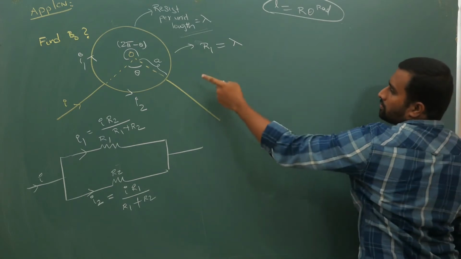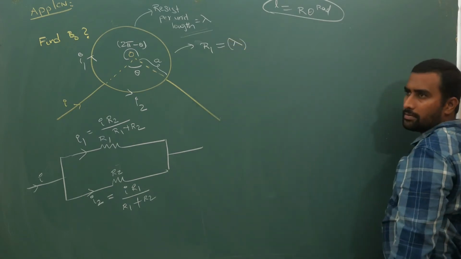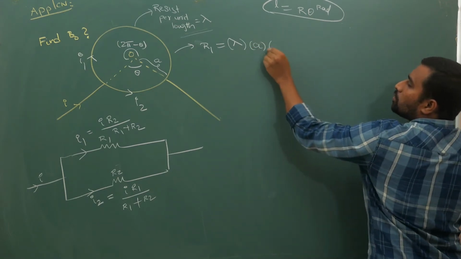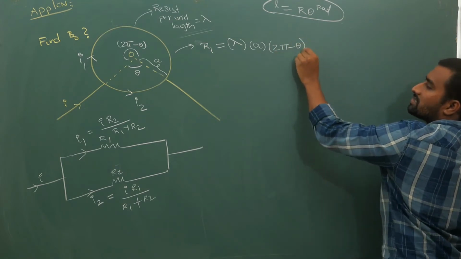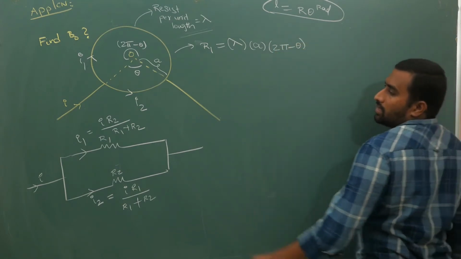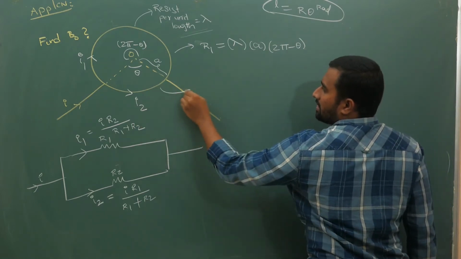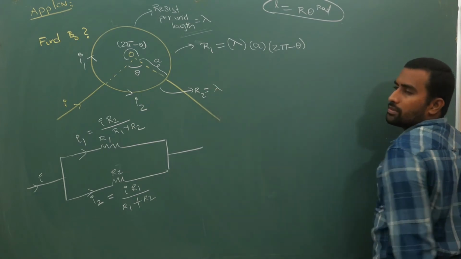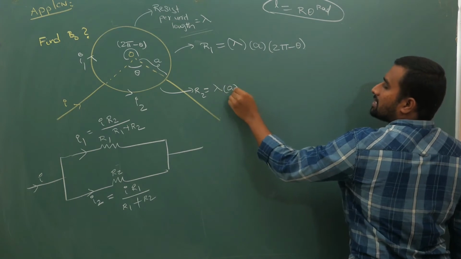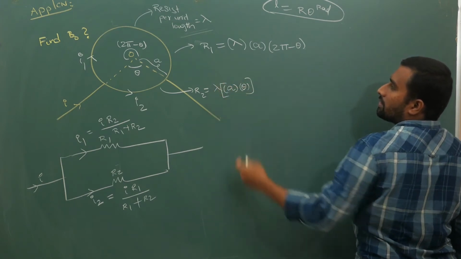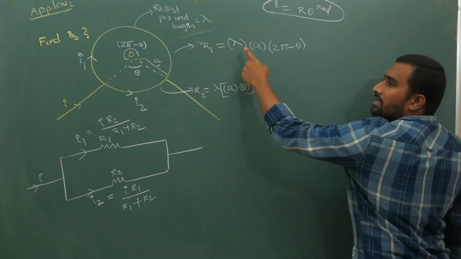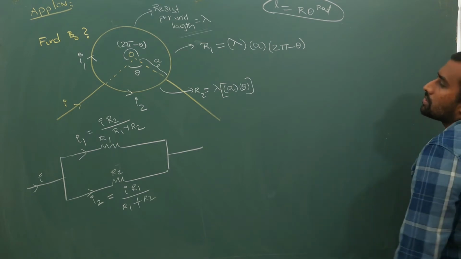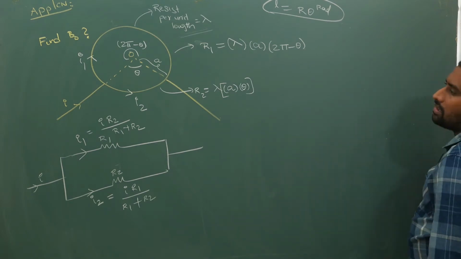So R1 is lambda times A into 2 pi minus theta, and the second resistance R2 is lambda into radius A into theta, which is the length. Resistance per unit length into length is the resistance value. So now you have R1 and R2.